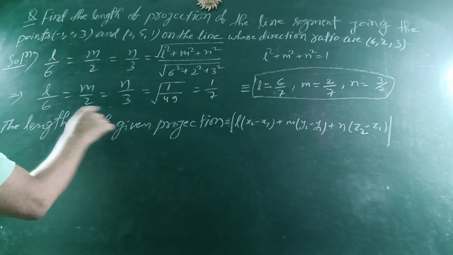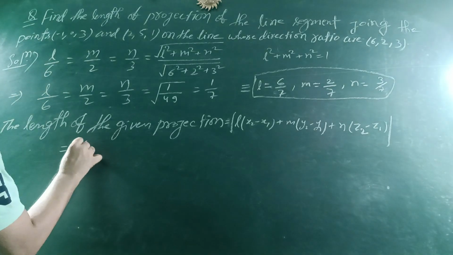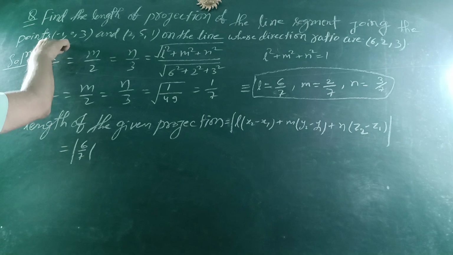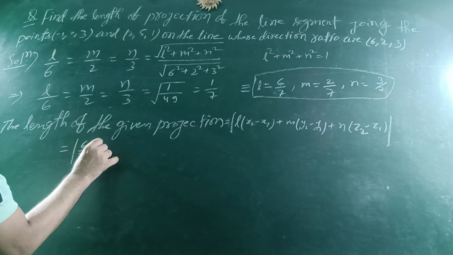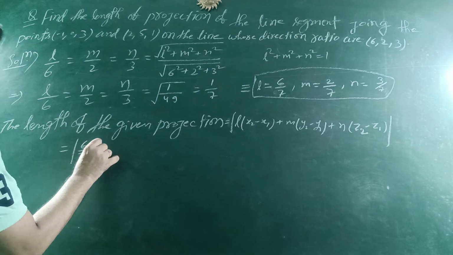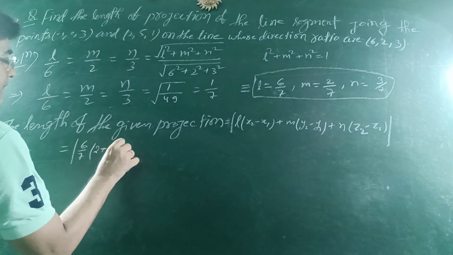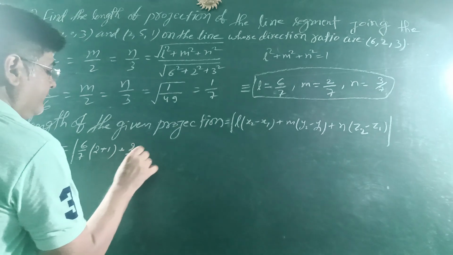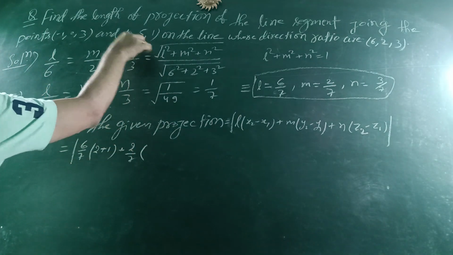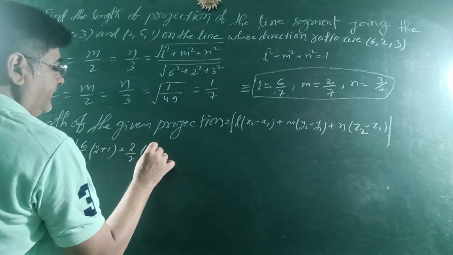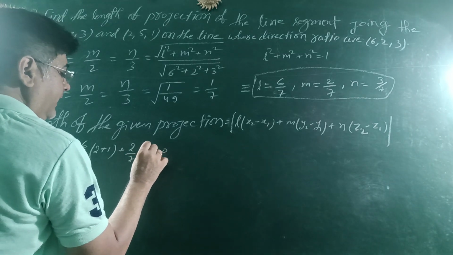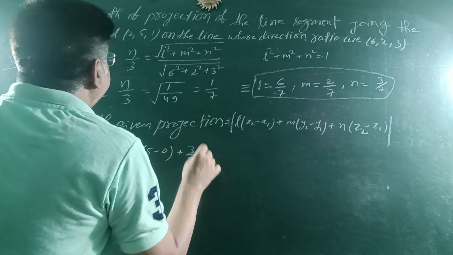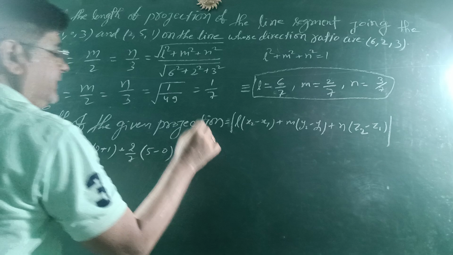L is 6 by 7 into x2 minus x1, that is 2 minus minus 1, which is 2 plus 1, plus M, 2 by 7 into 5 minus 0, and plus N, 3 by 7 into 1 minus 3.